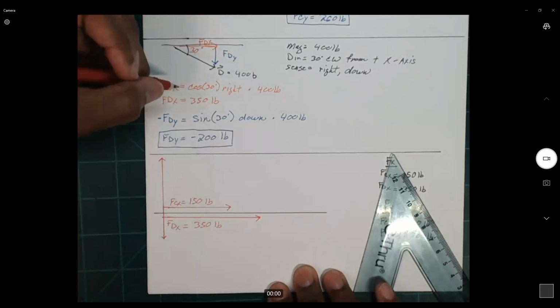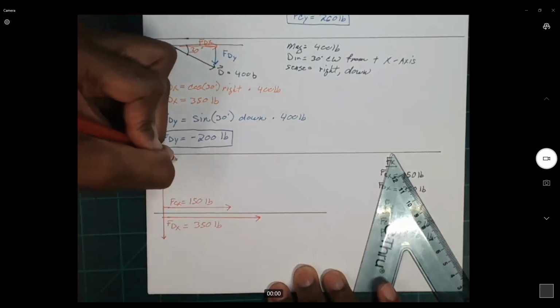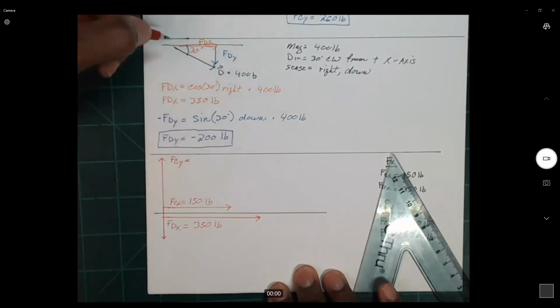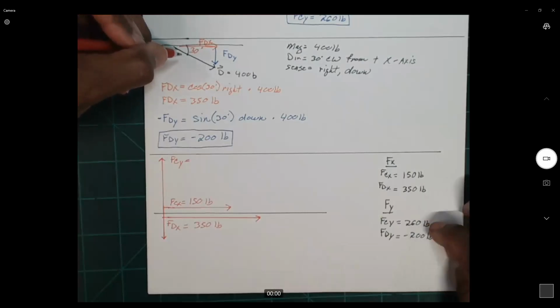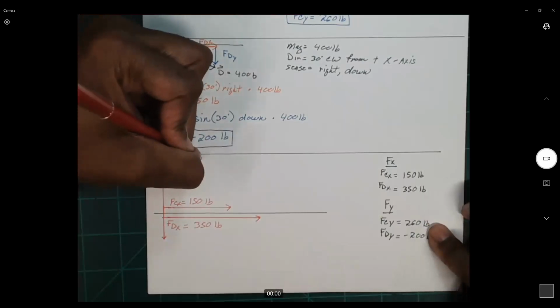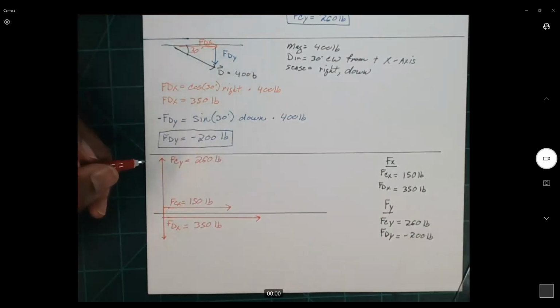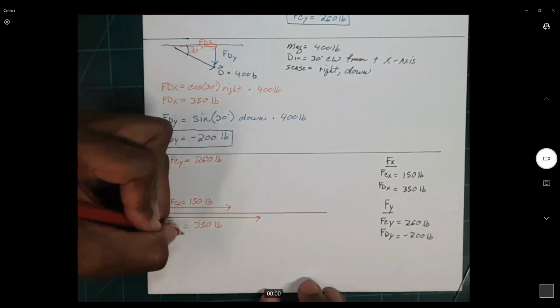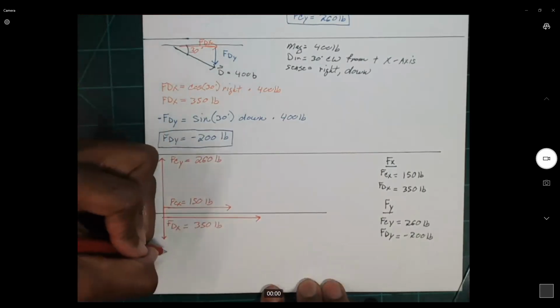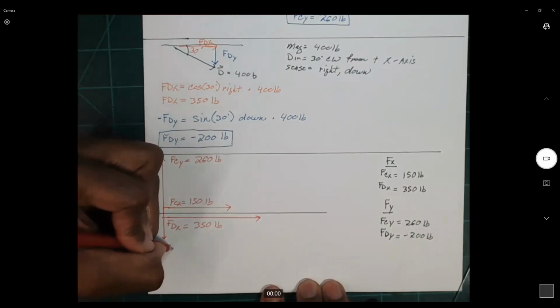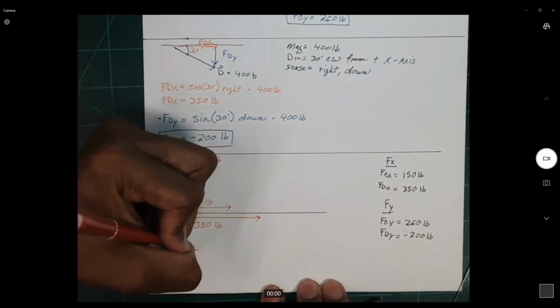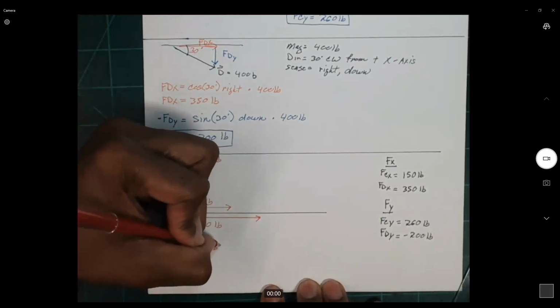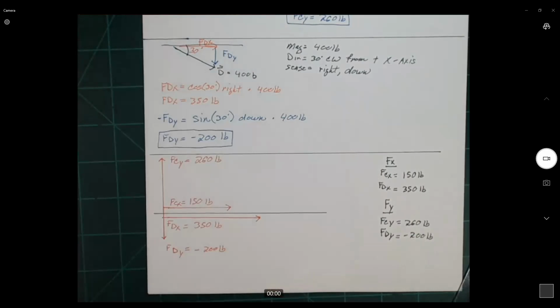Okay. So force cy equals 260 pounds. And force dy equals negative 200 pounds. Okay, there's our free body diagram.